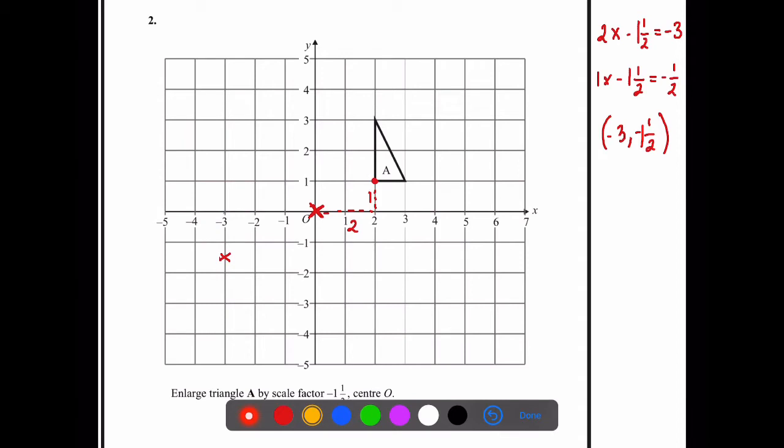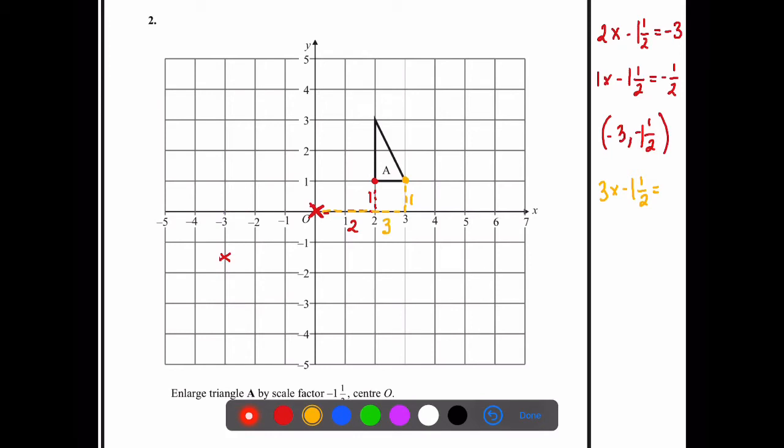Okay, so now we're going to figure out how we got to that point there. Now, it might seem easy and that you can just put that in, but just in case, we're going to work it out. So, I'm going to go from my centre, and I need to work out how to get from my centre up to that point. So that's obviously 3 along and 1 up. So I first have to do 3 times -1/2.